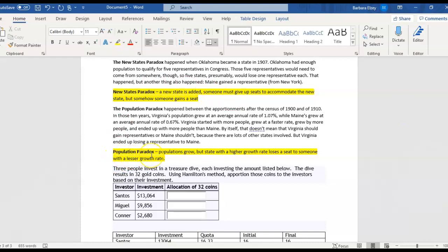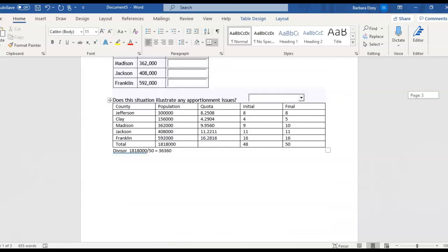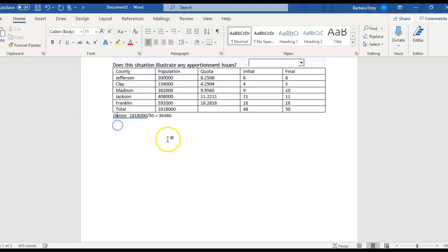Let's look at the population paradox. Populations grow, but a state with a higher growth rate loses a seat to someone with a lesser growth rate. And certainly we saw growth in Franklin, but it lost a seat to a county that had no growth at all. So this is the population paradox. So this created a population paradox.